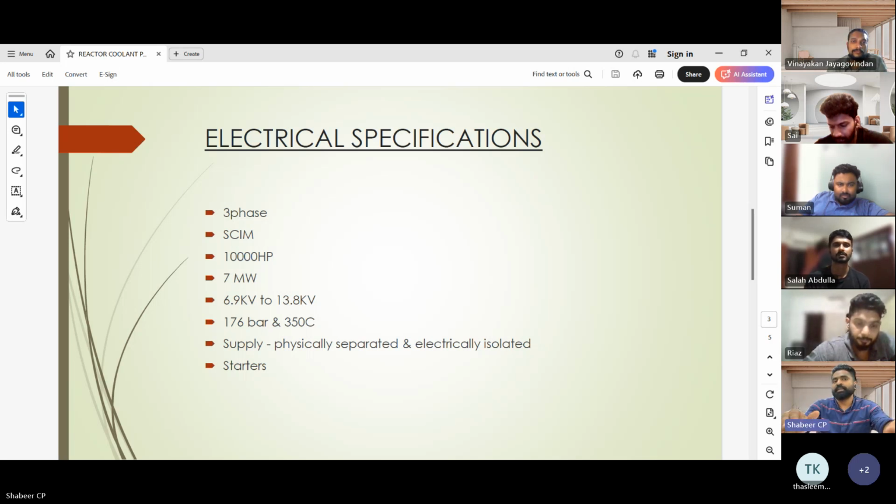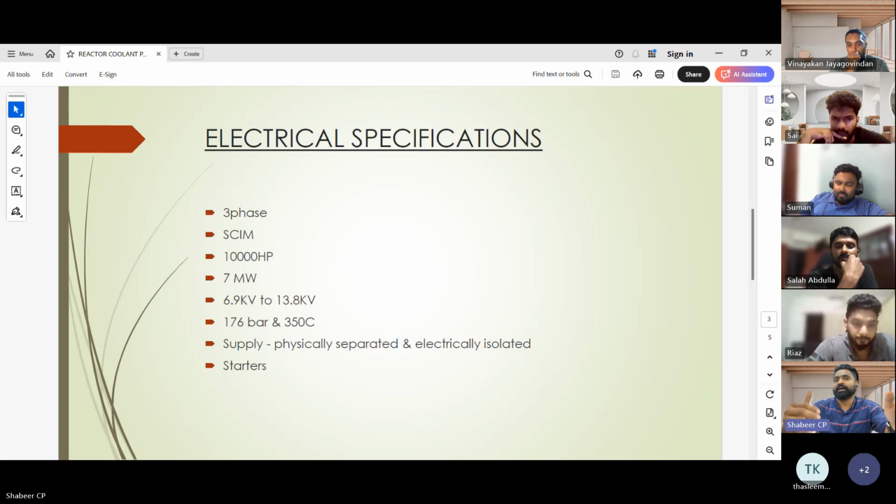In capacity, it's about 10,000 HP. 1 HP is equivalent to 746 electrical watts, so the energy required for an RCP is about 7 megawatts. The electrical supply voltage required for the RCP ranges from 6.9 kilovolt to 13.8 kilovolt. It may vary depending upon the design.